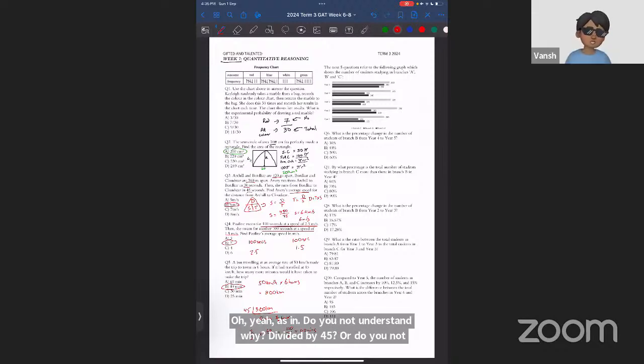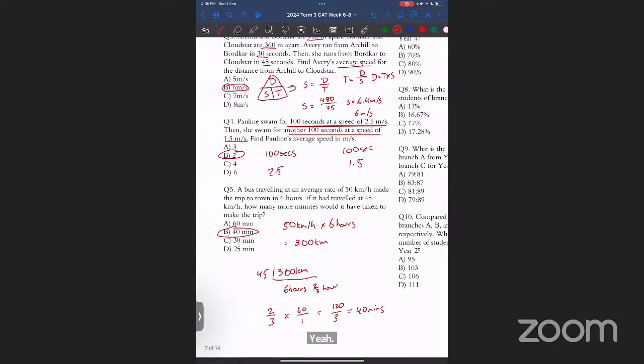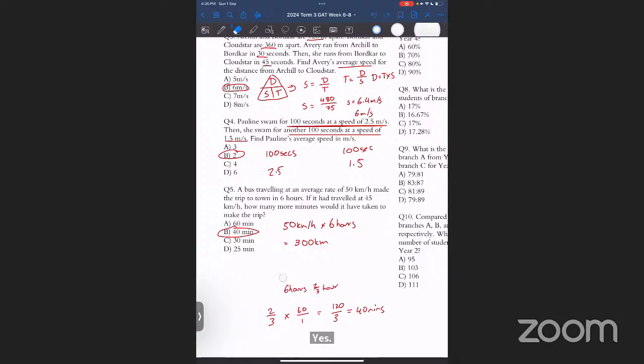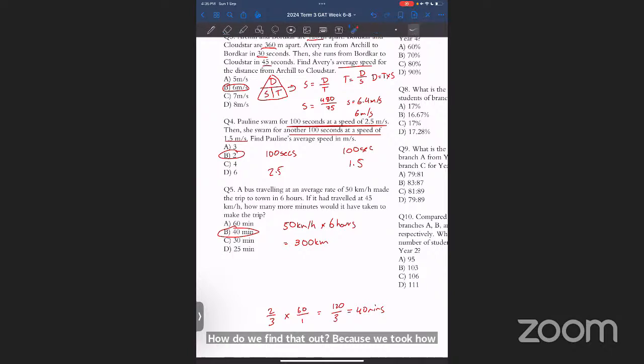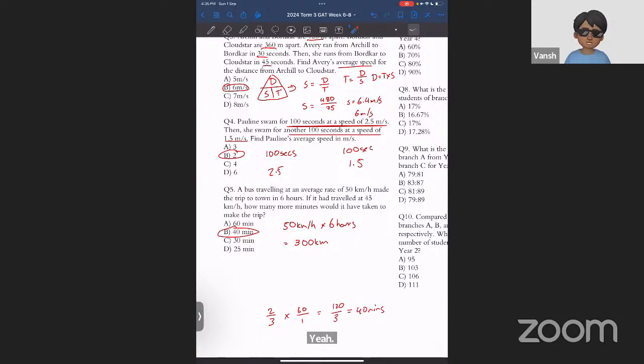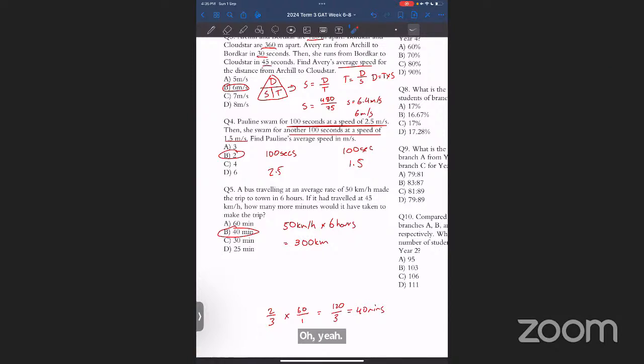Okay. Why do we divide by 45? So basically, we know what the distance is, right, Vansh? Yes. How do we find that out? Because we took how long it took to go there and we multiplied by the speed. Do you understand? Oh yeah. And what we did was when we multiplied those together, we found the total distance.